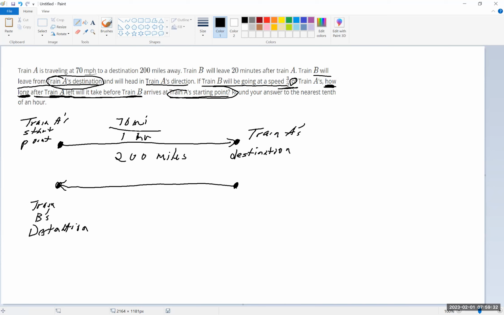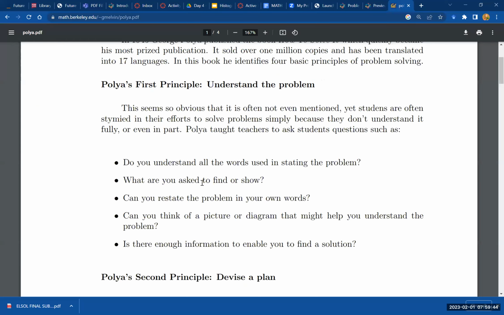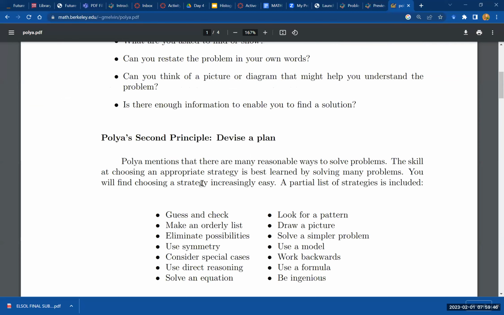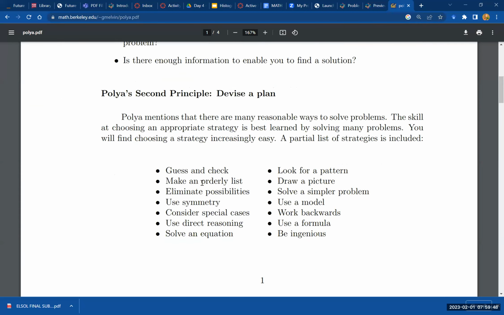Let's take a look at the next step and see if I can help you make sense of how to approach a problem. So, devising a plan. We're not quite there yet, but let's take a look at this. It mentions that there are many reasonable ways to solve a problem.